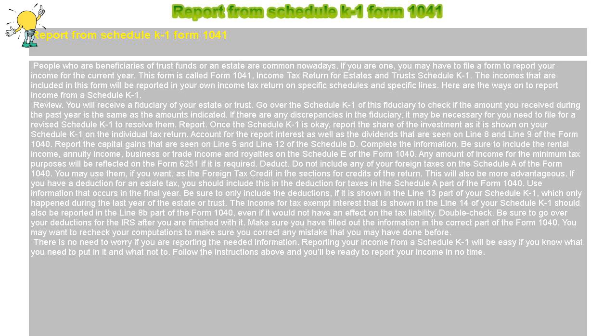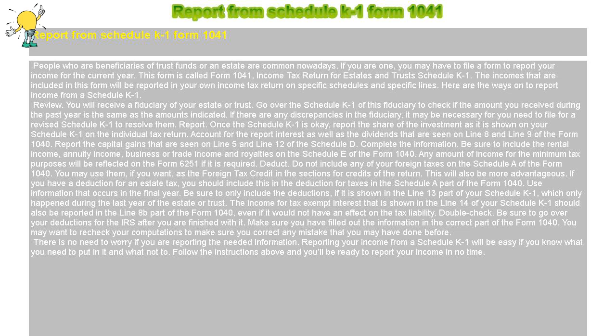Go over it to check if the amount you received during the past year is the same as the amounts indicated. If there are any discrepancies in the fiduciary, you may need to file for a revised Schedule K-1 to resolve them.